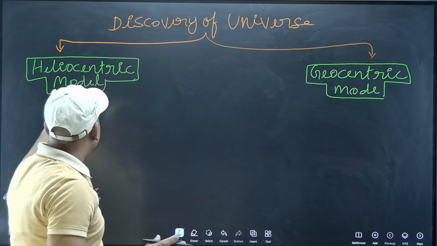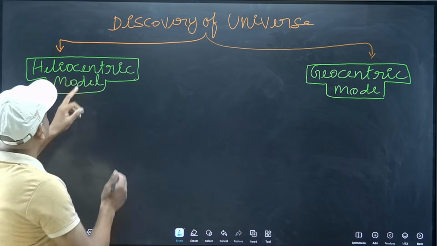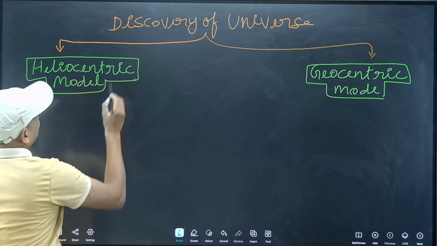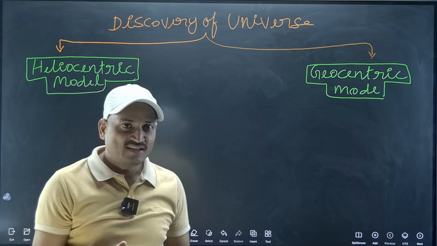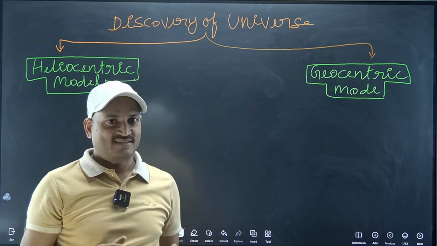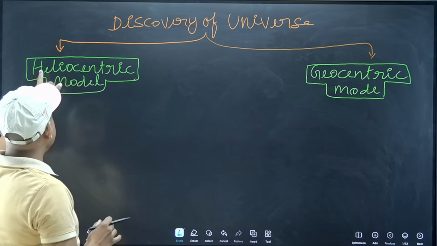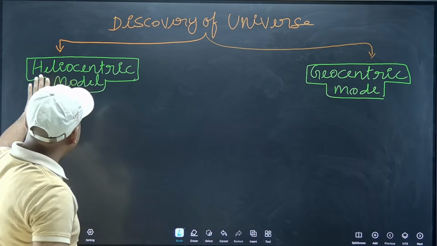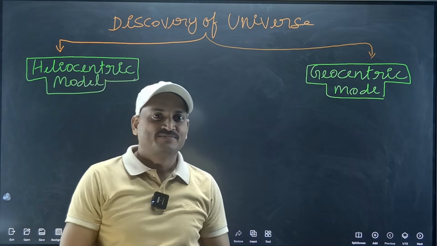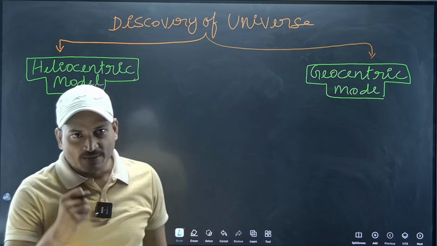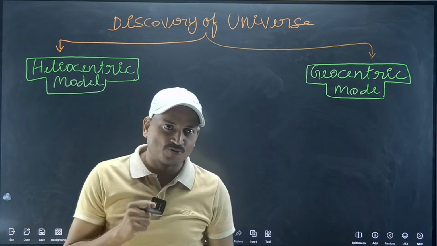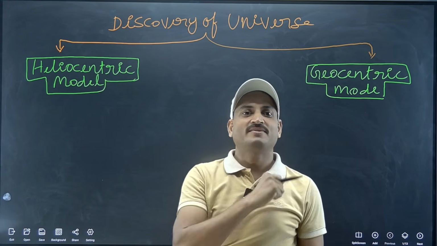Centric means center. So the name itself suggests a model in which the sun is at the center. In this model, various proposers and supporters try to prove that the sun is at the center of the universe.